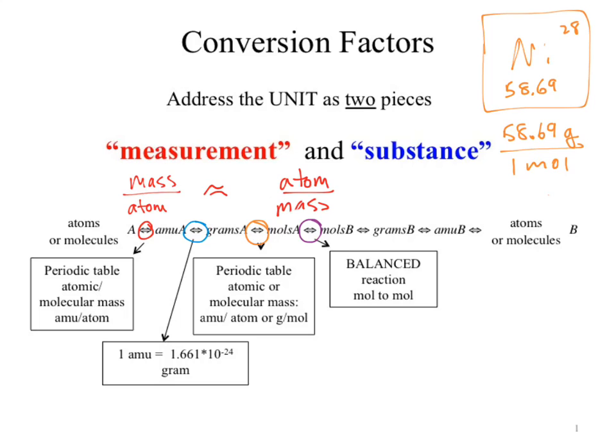A mole is just a very large number of atoms or molecules. Okay? So the plan is to ultimately start on one side and push it all the way to the other side. Okay? A complete switch in the units. Okay? Once we're now into moles of B, we can convert to the moles or grams of B, AMUs of B. We'd use the exact same idea of our conversion factors, except instead of them being conversion factors for A, which they were in the first part, we now have to use the conversion factors for B. Okay?